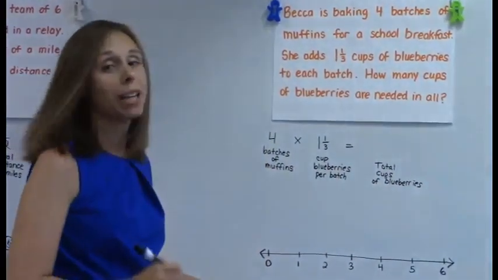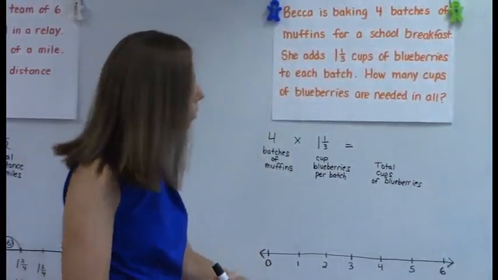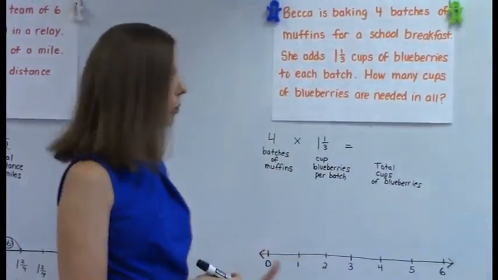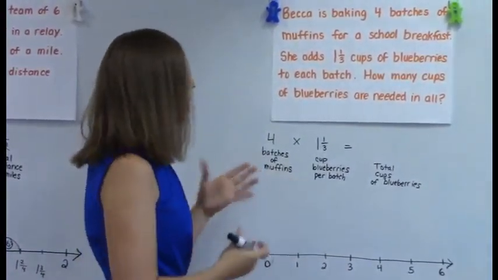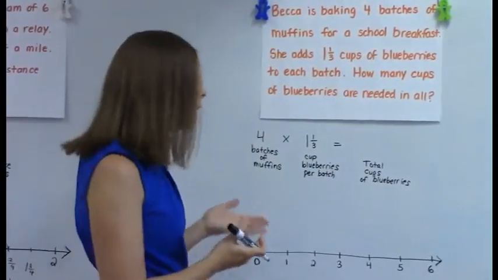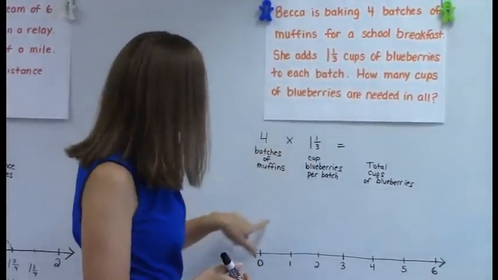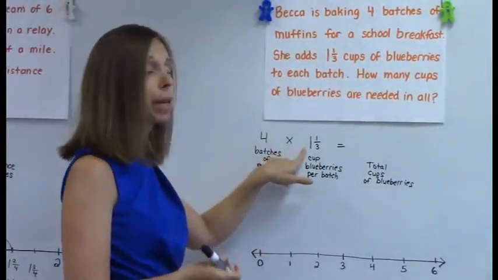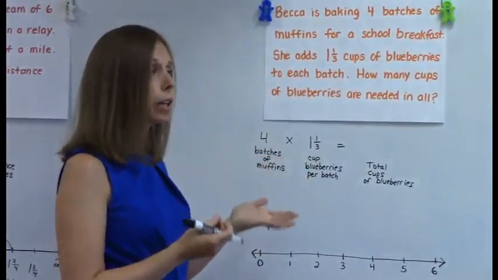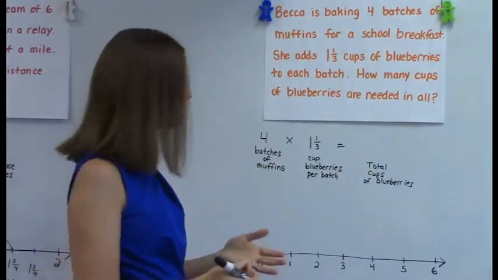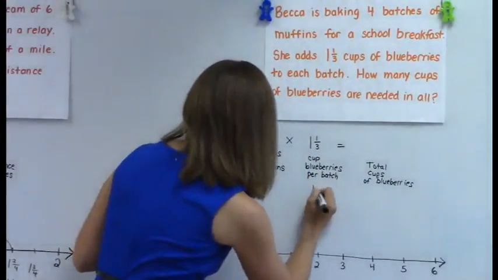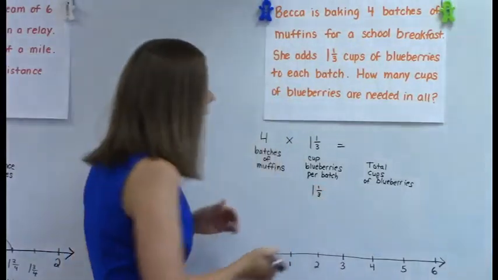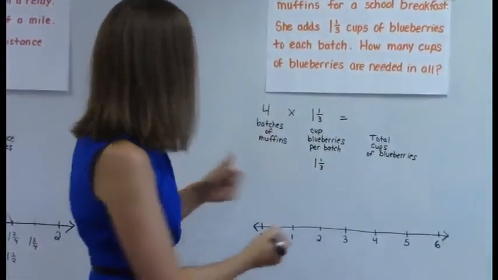So notice that our number line this time is longer as we are dealing with larger numbers. And this is a personal preference, but I think that it's easier if you're using a number line to multiply a whole number times a mixed number if you convert it into an improper fraction. So I'm going to take 1 1/3 and make it into an improper fraction.